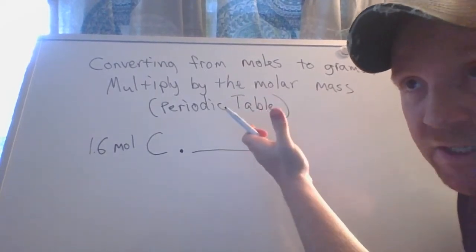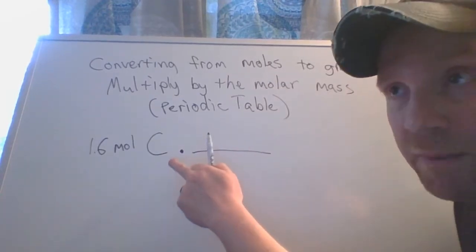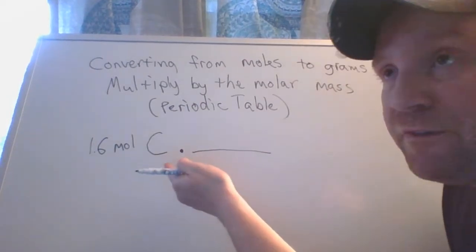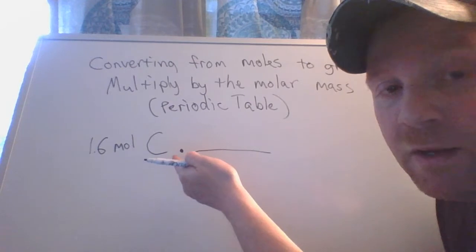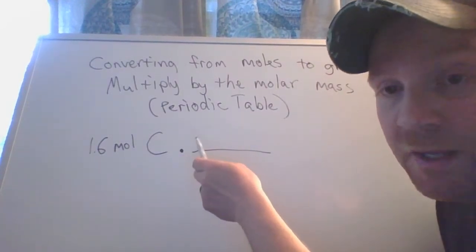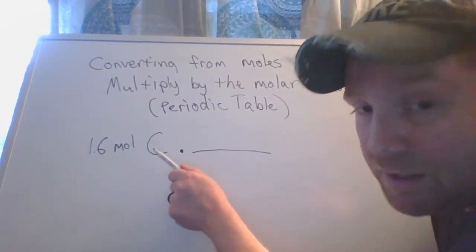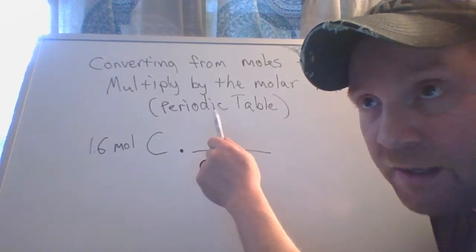In a previous video, I talked to you about how if I had one atom of an element like carbon, it would weigh 12.01 AMUs. But if I had a mole of carbon, it would weigh 12.01 grams. That's its molar mass, okay? So you can look right on the periodic table, realize that in this example, we're dealing with carbon, and you see that 12.01 on your periodic table.